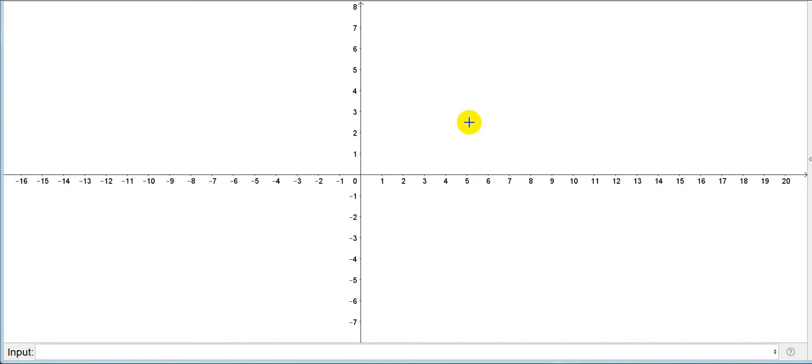Friends, in this lecture we will study graphs of real valued functions of real variables. For graphs of real valued functions of real variables, domain is a subset of the x-axis and codomain is a subset of the y-axis.